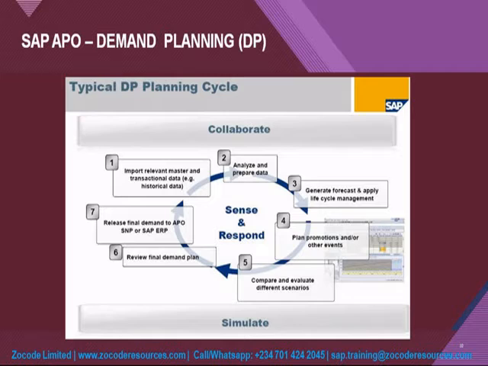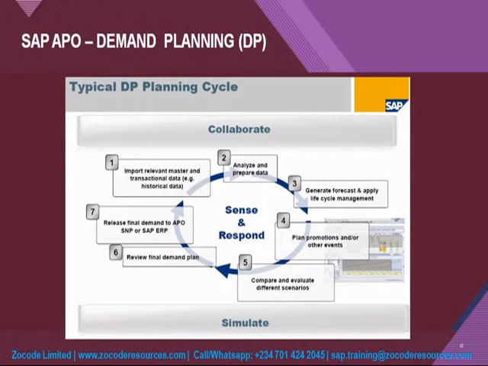First, you import relevant master and transactional data, like historic data, and analyze and prepare the data. You generate the forecasts and apply life cycle management. You plan promotions and other events, and compare and evaluate the different scenarios. You can have business meetings where you come to consensus, and after reviewing the final demand plan, you can now release the plan.